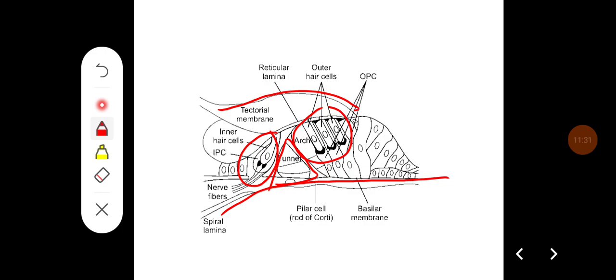And you can see the nerves which form the spiral ganglion from hair cells, which help in the transmission of the action potential from these hair cells. And the other supporting cells for the outer hair cells are the cells of Claudius.